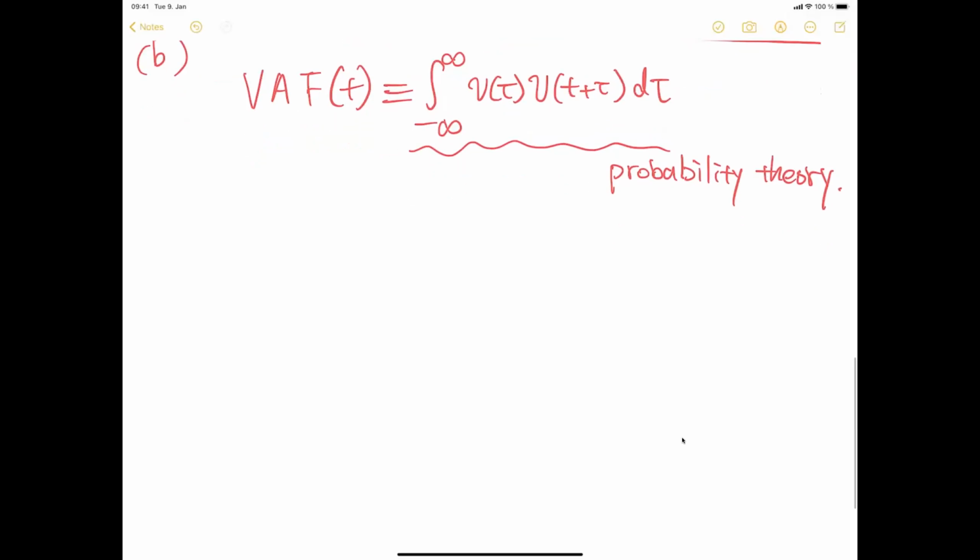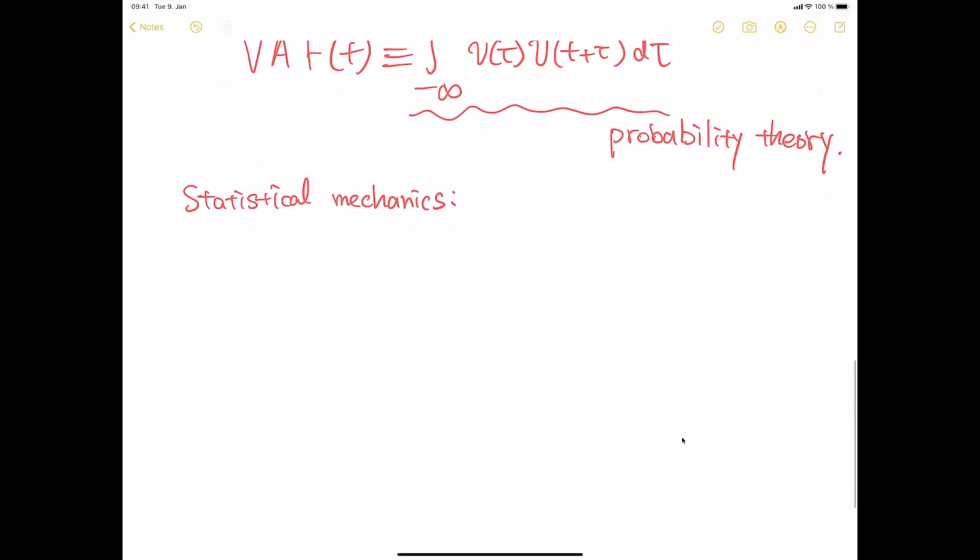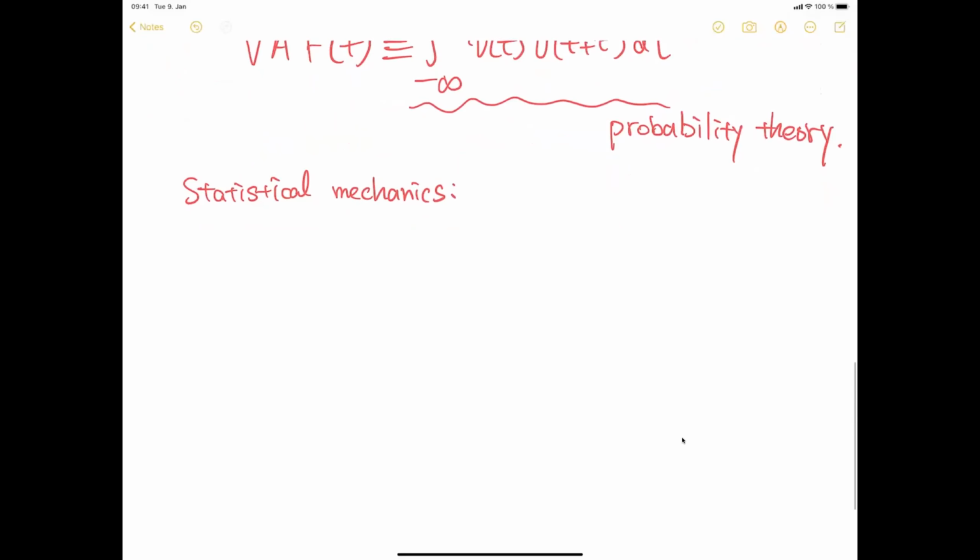But in statistical mechanics or condensed matter physics, the definition of this velocity autocorrelation function is slightly different.